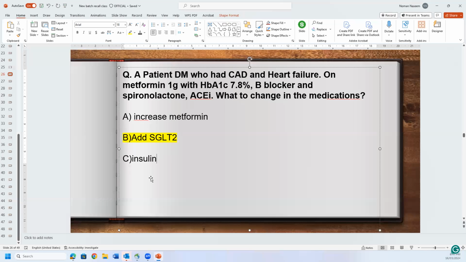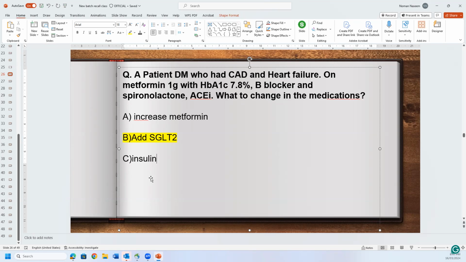So whenever a patient is diagnosed with heart failure, whether they have diabetes or not, we always start the patient on 4 pillars of the heart failure medication. Number 1 is the beta blocker once the ejection fraction is stable, or if the patient is hemodynamically stable. The other one is ACE inhibitor to control the high blood pressure.